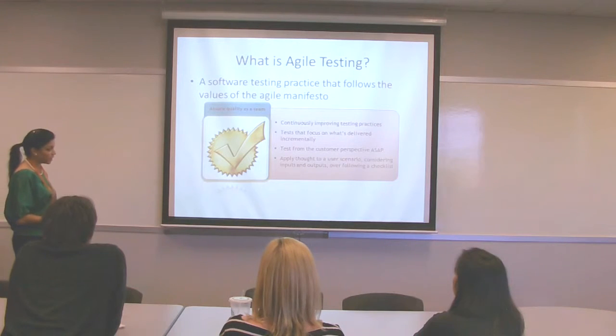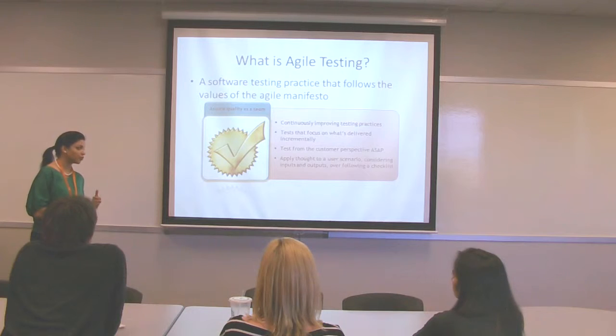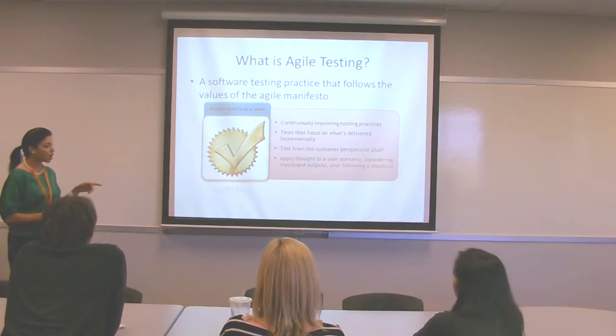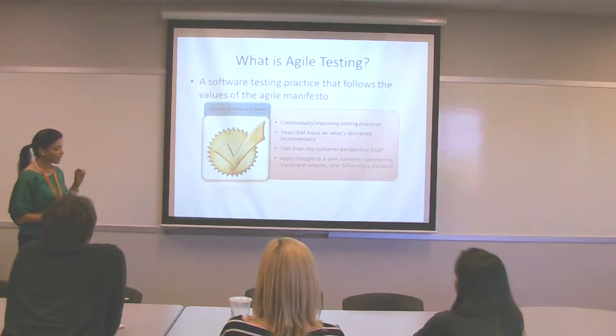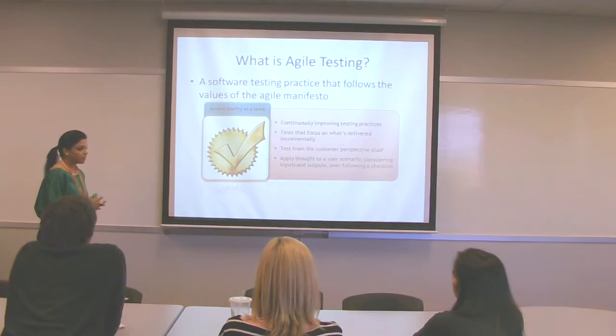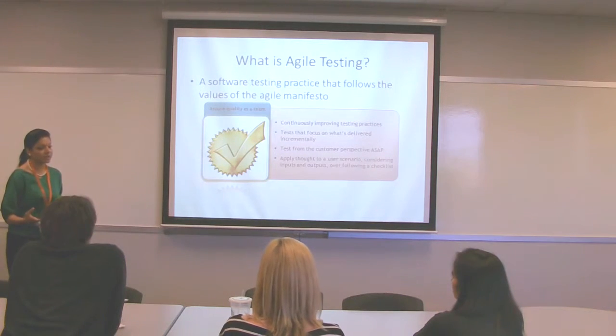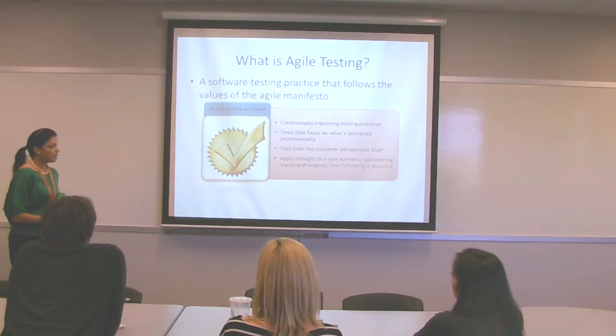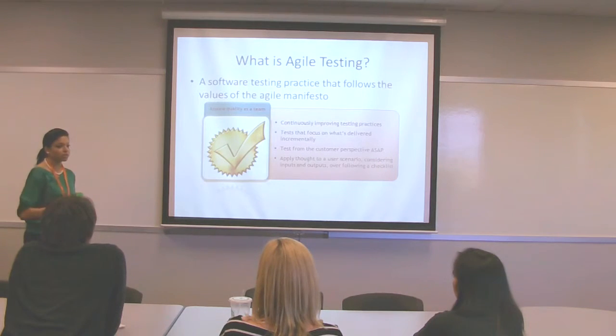Applying thought to a user scenario, considering inputs and outputs over following a checklist. We will talk about exploratory testing, and I'll cover this more, but again, think about the scenarios rather than just going through a checklist.